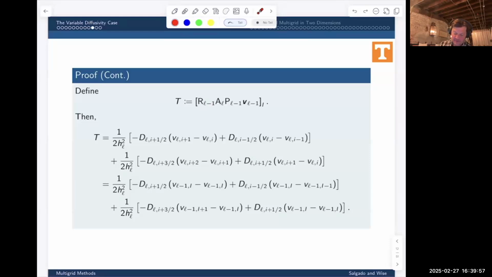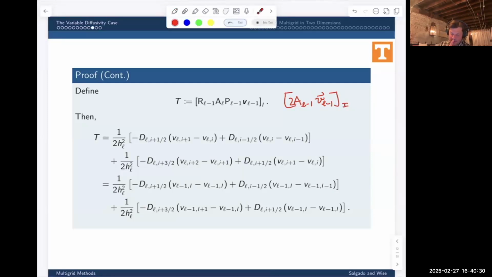So I'm going to look at the application of this matrix to this vector at this index capital I, and I'm going to call that T. So now I want to show that that is exactly equal to 2AL minus 1, BL minus 1, I. I want to show that those two things are equal.